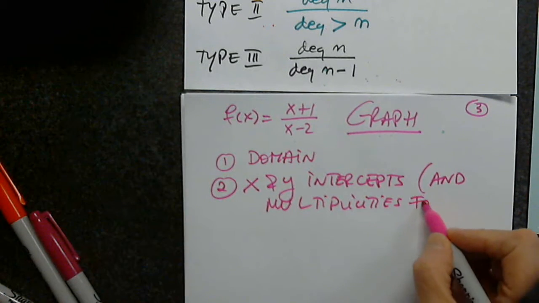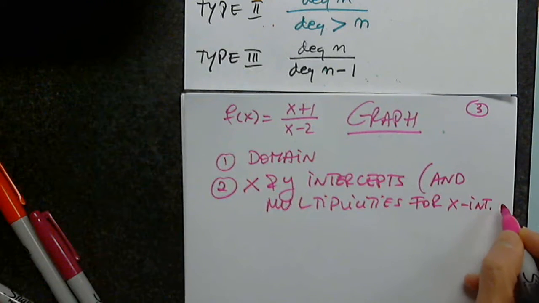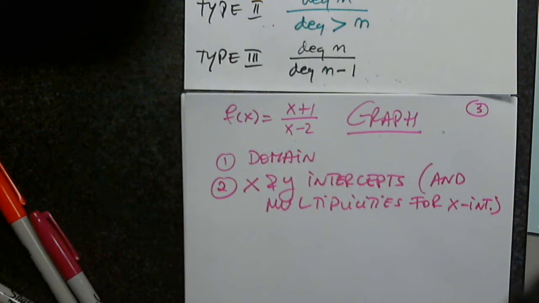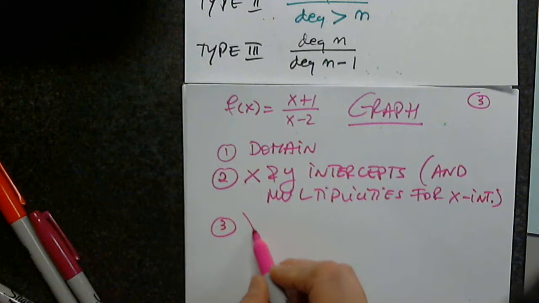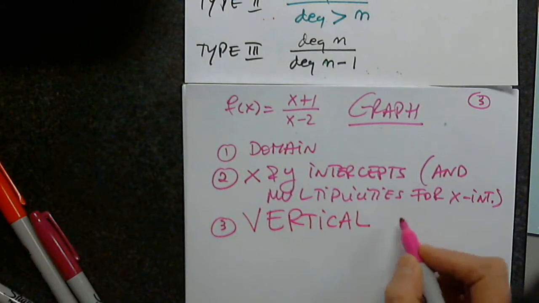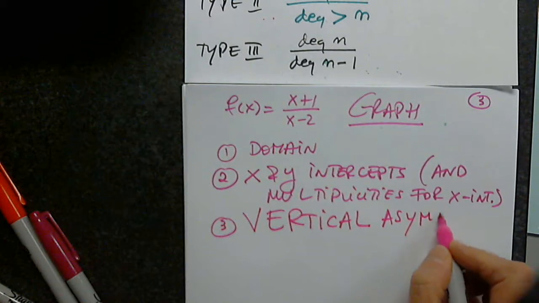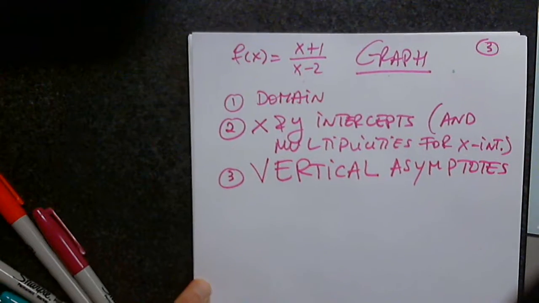Of course, there is no multiplicity for Y-intercept, only for X-intercepts. Good. 3. So far, nothing new. Now it's coming. Vertical asymptotes. We have not seen this before.